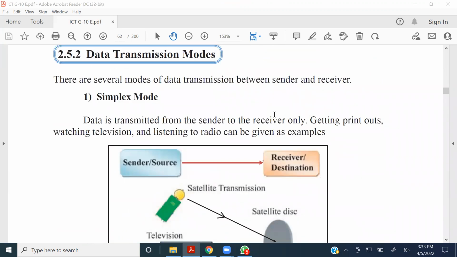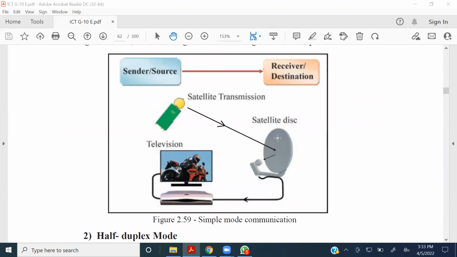The simplex mode means the sender is sending the particular data, and the receiver is receiving that data from their own side, but it's not a communication which happens in both directions. It happens in just one particular direction. As an example, they have taken television broadcasting.